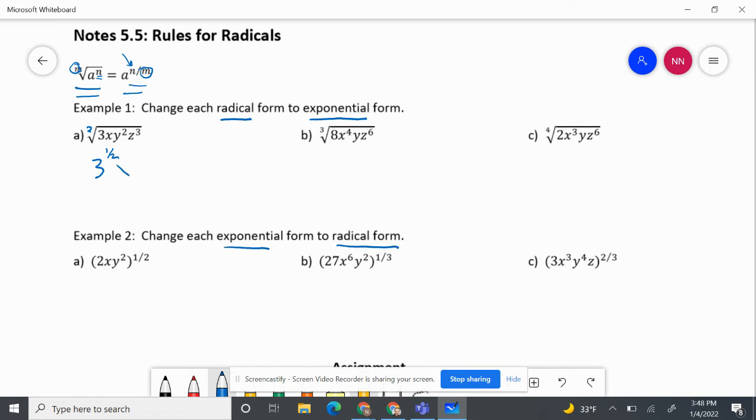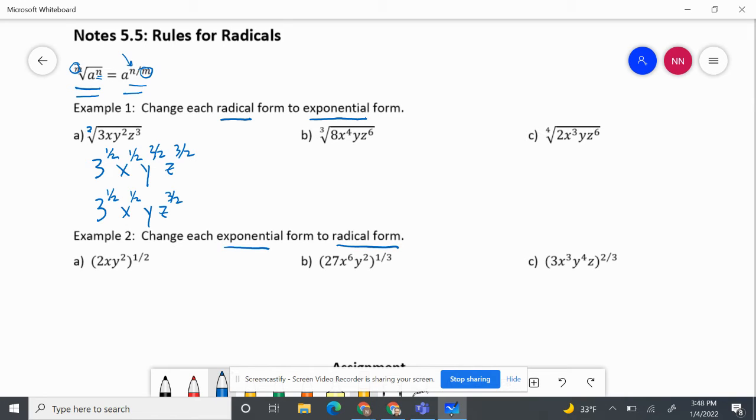Then we have x to the 1/2, y to the 2/2, and z to the 3/2. With that, we're going to simplify it into 3 to the 1/2, x to the 1/2, y, and z to the 3/2. And that right there is exponential form.